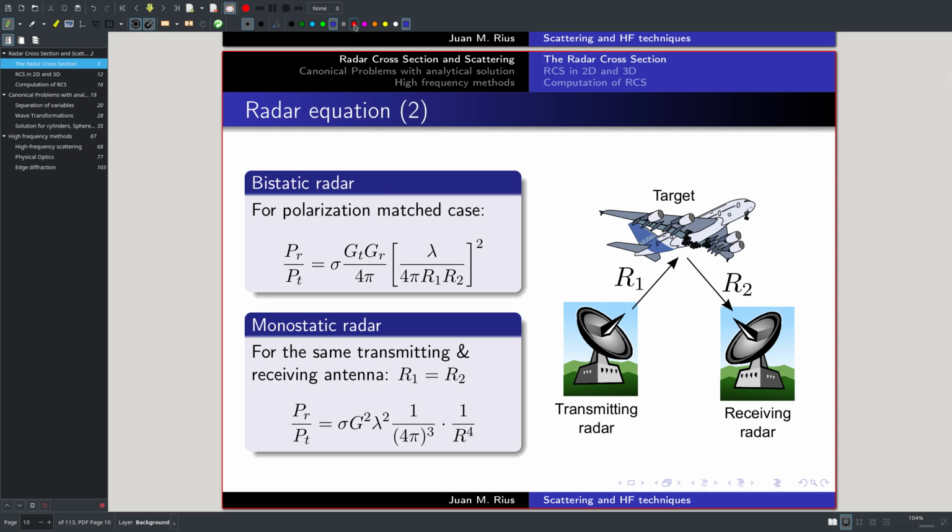So this is what we got in the previous slide, and this is valid for the general case of bistatic radar.